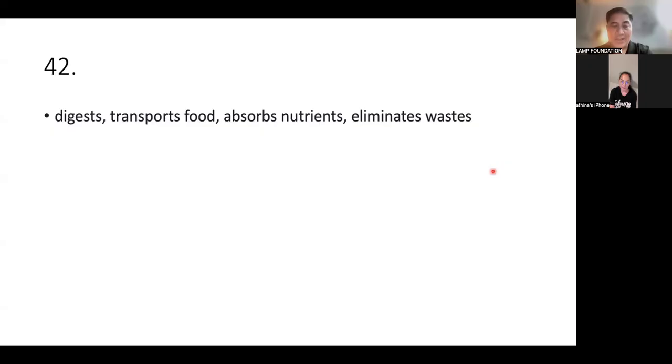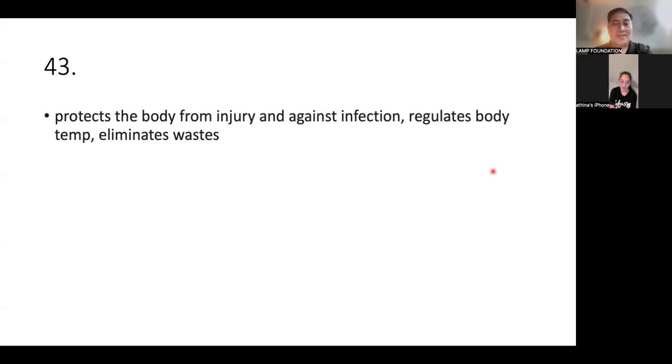What system digests, transports food, absorbs nutrients, eliminates wastes? The digestive system. What system protects the body from injury and against infection, regulates body temperature, eliminates wastes? It's the integumentary system.